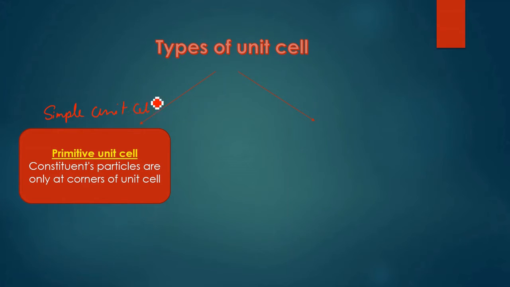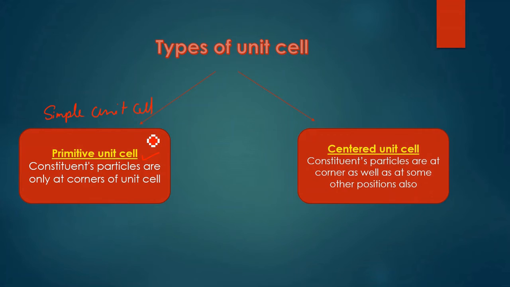As I show you, that unit cell you have to imagine as a cube, and cube has 8 vertices. If the constituent particle of a crystal occupy only the vertices of a unit cell, we termed it as a primitive unit cell. In spite of occupying the vertices, if atoms also occupy other spaces available in a unit cell, we termed it as a centered unit cell.